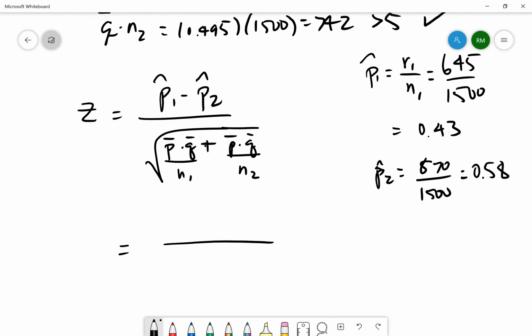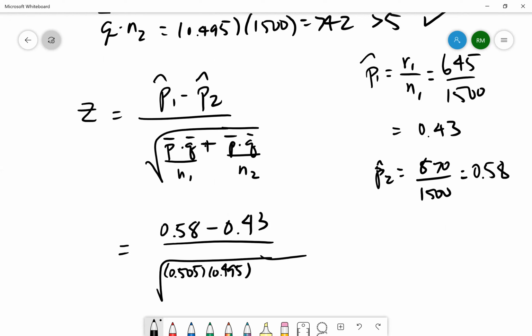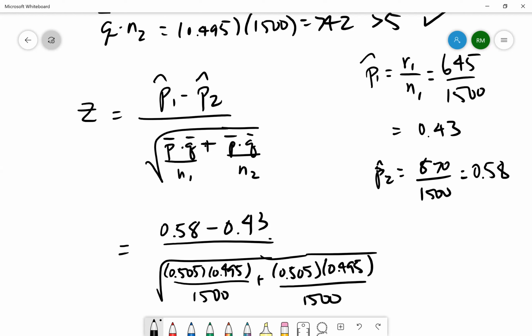So now it's time to calculate our test statistic z. So we plug in all of these numbers that we have calculated, and see what that's equal to. And we find out that's roughly equal to 8.21.